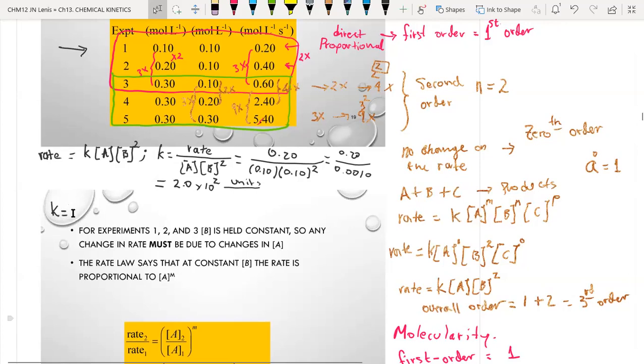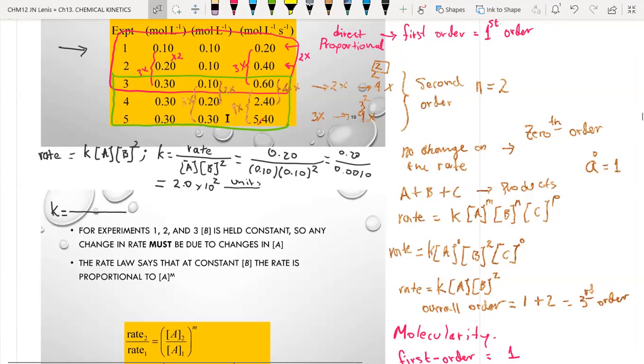I just plug units equals. What are the units here? This is the equation for the rate constant. So first I plugged in numbers. Now I'm going to plug in only units.